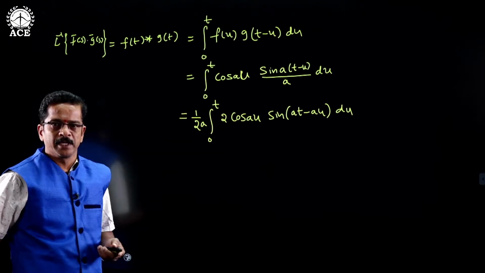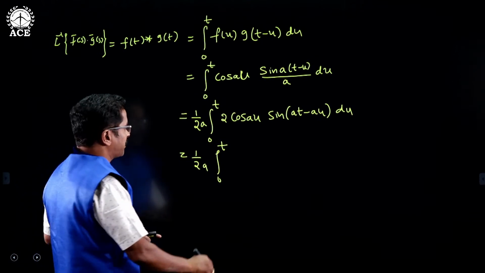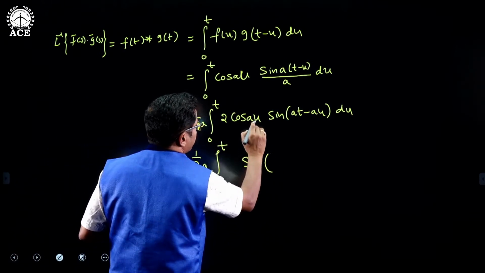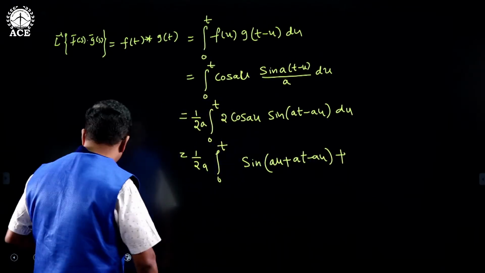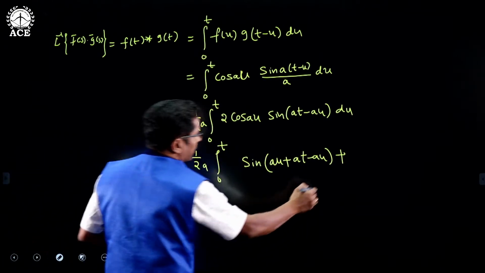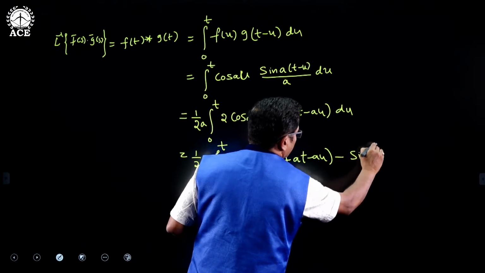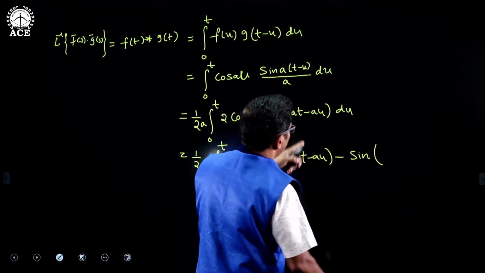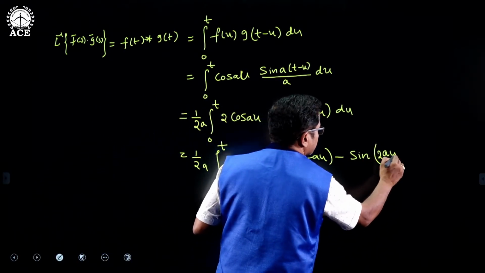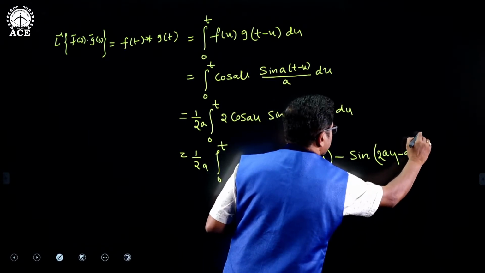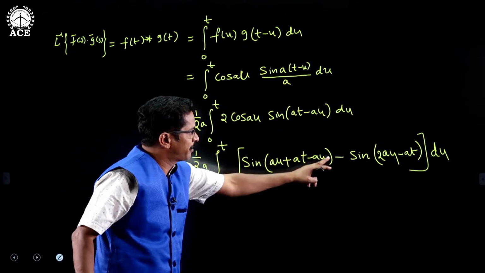Okay, the 2 cos A sin B formula: it is sin of A plus B minus sin of A minus B. Here A is au, B is at minus au. So A plus B is at, and A minus B is au minus of at minus au, which is 2au minus at, into du.